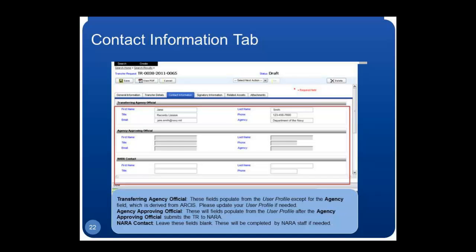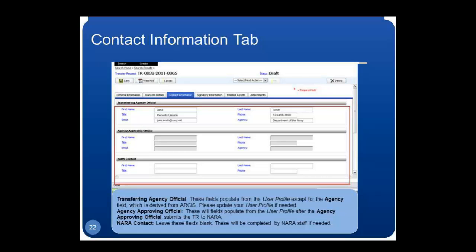When the agency approving official, who might actually be the same individual with multiple roles, very common, gets to the point of making an approval decision on this and submitting it to the National Archives, their user profile information will fill in this section as well.